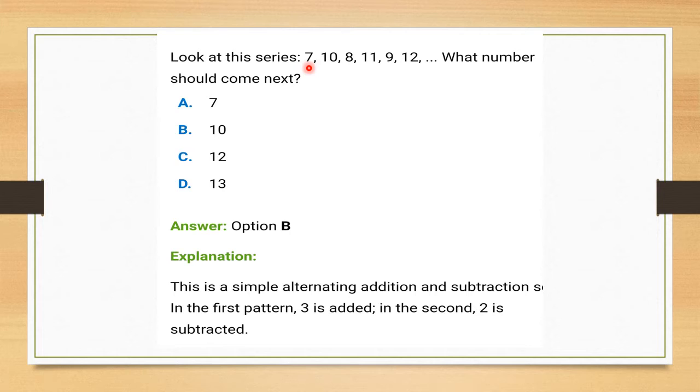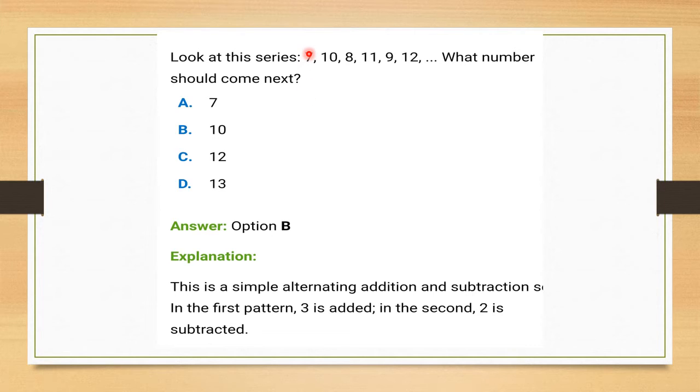To 7, if we add 3 we'll get 10, and if we subtract 2 we'll get 8. Same way, if we add 3 to 8 we will get 11, and 11 minus 2 is 9. 9 plus 3 is 12, and 12 minus 2 is 10. The answer is 10. The second way is that it's an alternative series.